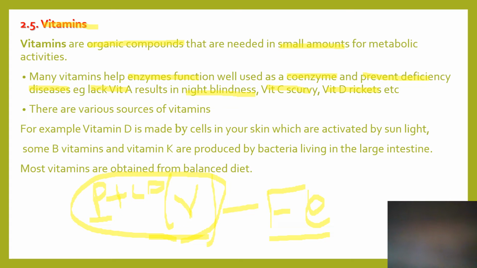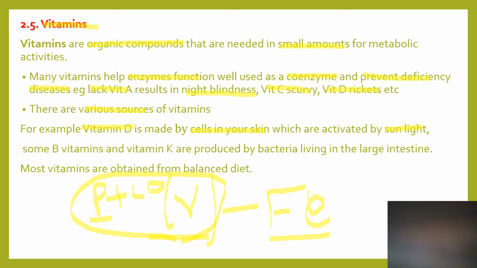Vitamins can be produced from various sources. For example, vitamin D is produced in the cells found in the skin. These cells in the skin, when they are activated by sunlight, produce vitamin D. Actually, sunlight can't give us vitamin D directly.